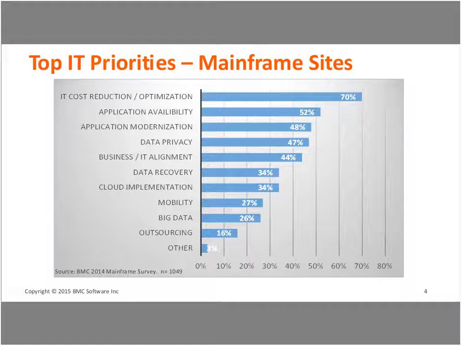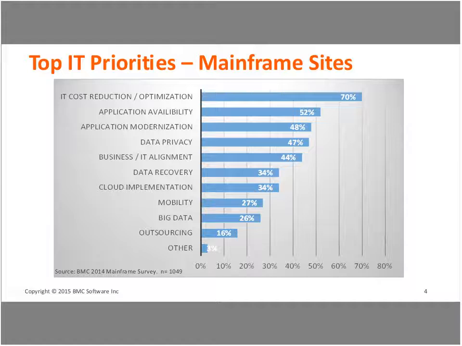Every year for the last 9 years, BMC's asked mainframe sites what their issues are in IT. And in asking this for at least the last 5 years, the top concern has been optimizing or reducing the cost of IT. And again, these are mainframe users responding, so this is a mainframe perspective.